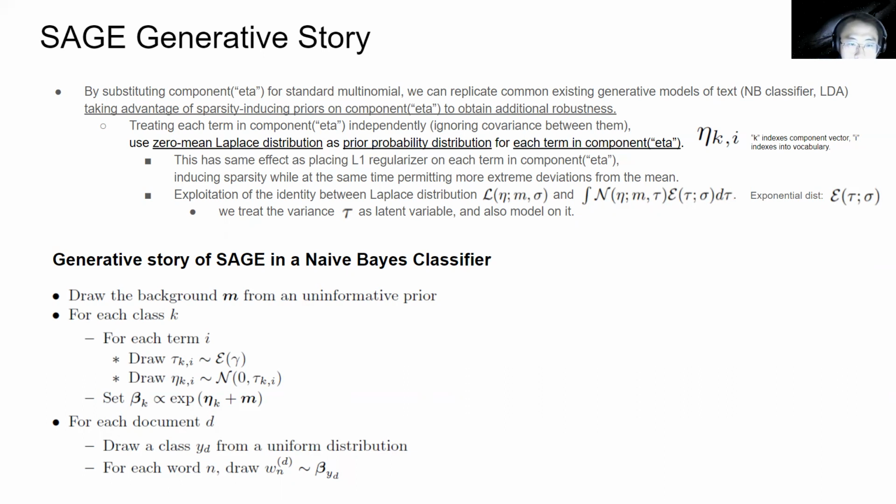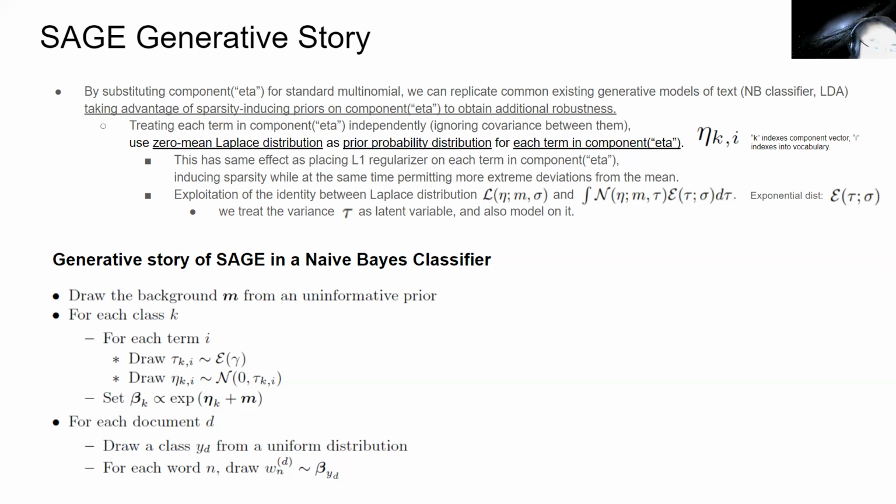Since we have to control the variance of the normal distribution, we obviously have to treat that variance also as a latent variable, so we can fit on it.